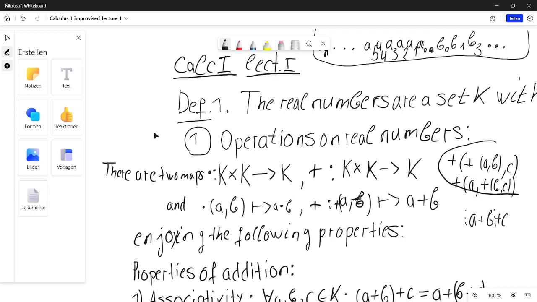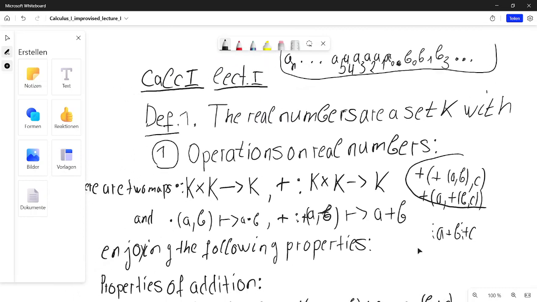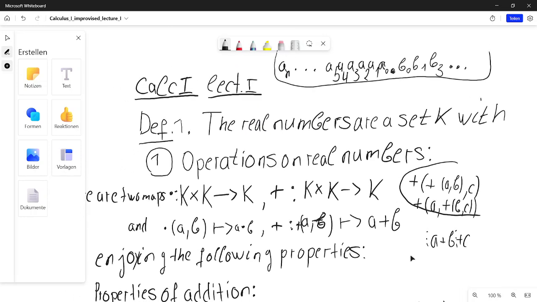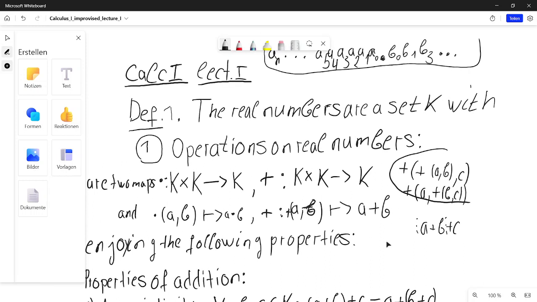In the beginning, you have to define everything very clearly. That is, the missions done by the lecturer are supposed to be filled by you. It's just because of the time limits. But I think I will try to make a very gapless lecture. Okay, well, that's one thing. We want to know exactly what we are allowed and what we are not allowed to do.